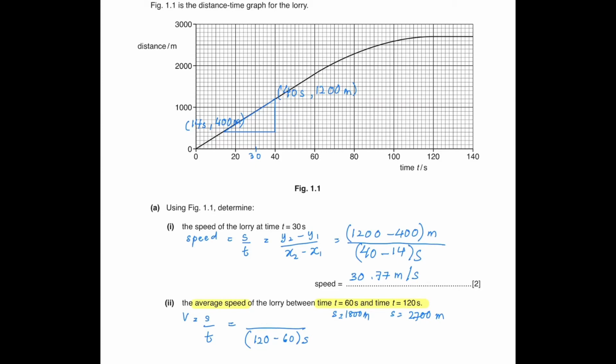Okay, right. So we'll substitute the value of distance here. 2,700 minus 1,800 meter.